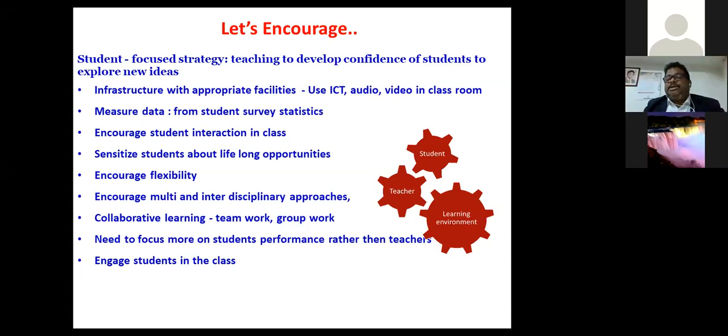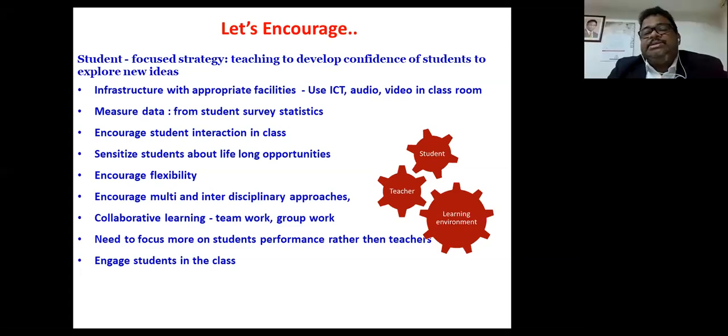For example, the force: 5 Newton, 1 Newton, what is the difference? They need to visualize stress, strain, Young's modulus. For that they need to see the animation and the video, so your class needs ICT audio-video facilities, and you need to make use of them.